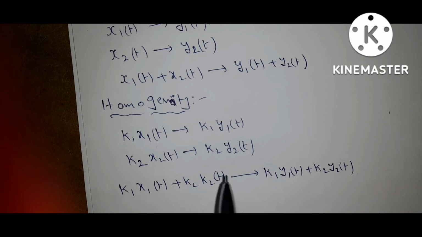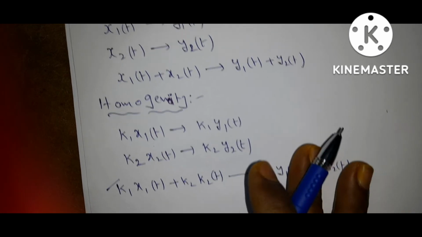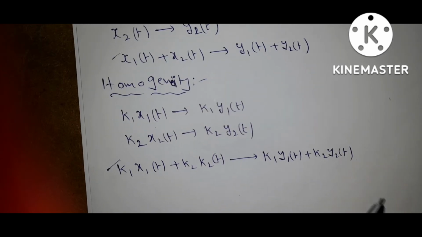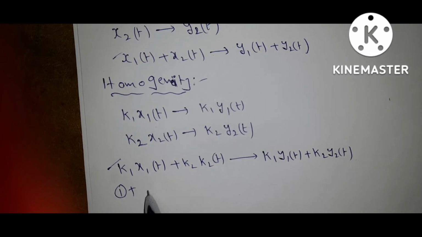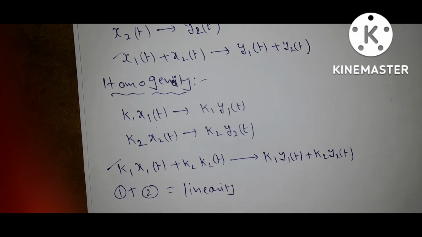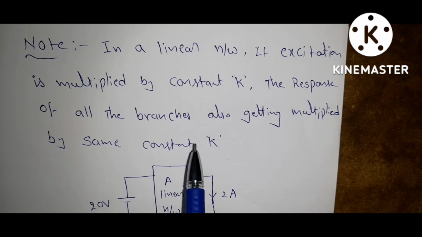If circuit elements satisfy this homogeneity principle and this additive principle, then the element is a linear element. So 1 plus 2 is equal to linearity. There is one important note point. What is the note point?